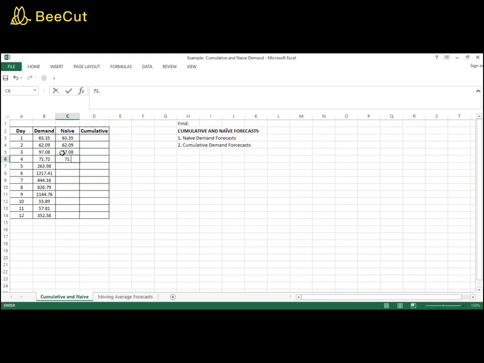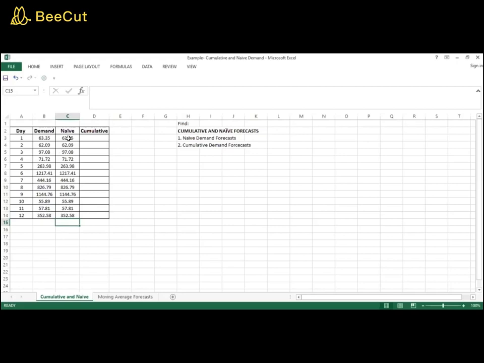This is how you find the naive forecast for any period of time. In this example, I have just completed the naive forecasting, and it's pretty simple, right? It's very, very simple.